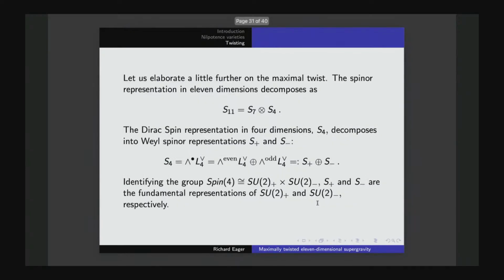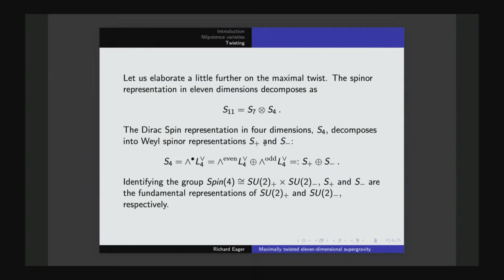So the strategy is quite straightforward. What we want to do is take the field content and the supersymmetry transformations and decompose them under the G2 times SU2 times U1 symmetry, and then modify the transformation rules by our nilpotent spinor.